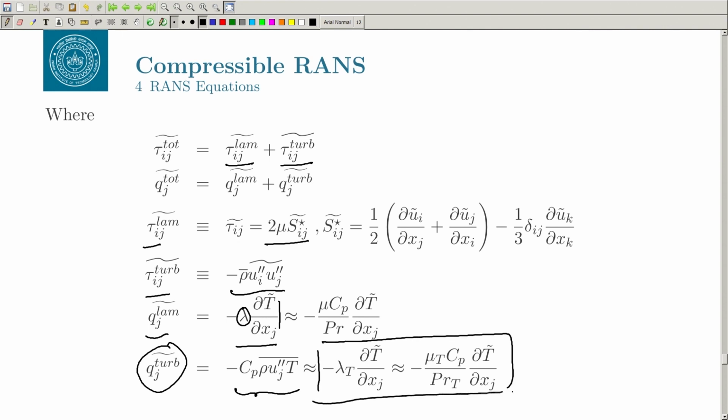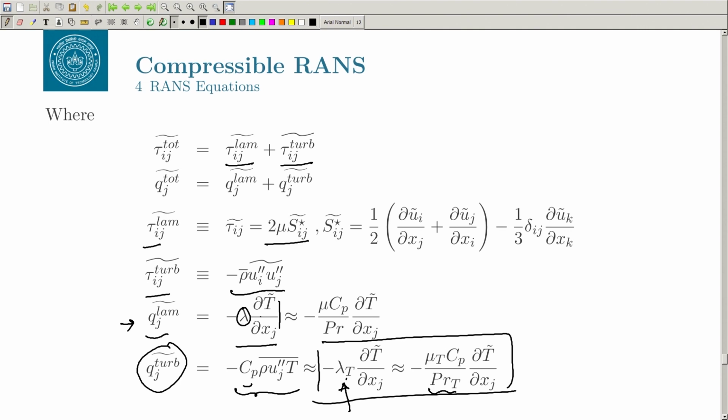We will come to this later, but ultimately what we are saying is that it is somehow related to the diffusion quantity which is happening to the viscous flow, and you can relate this entire term in terms of a different conductivity, which is called lambda T, okay, which can be related to the turbulent Prandtl number.